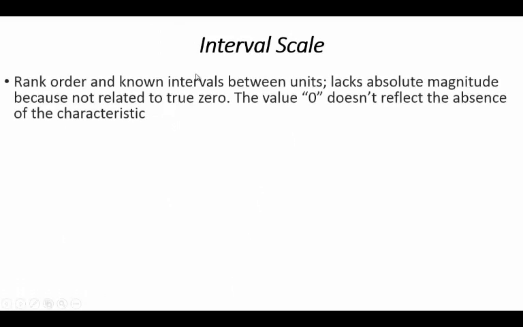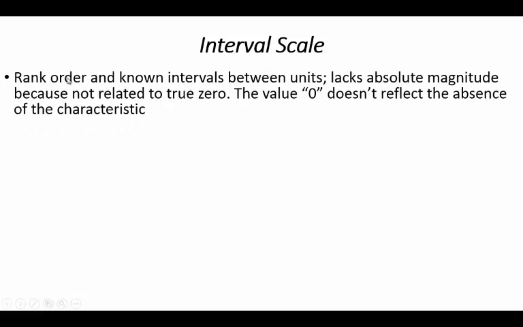Interval scale, on the other hand, is an interesting scale. It is rank ordered again. It has known intervals between units. The interesting thing about the interval scale is that it lacks absolute magnitude because it is not related to a true zero.